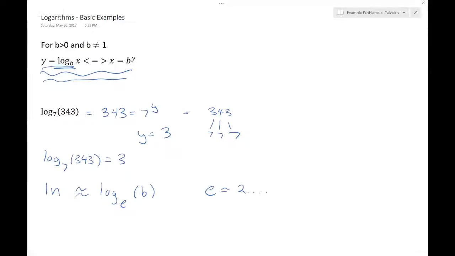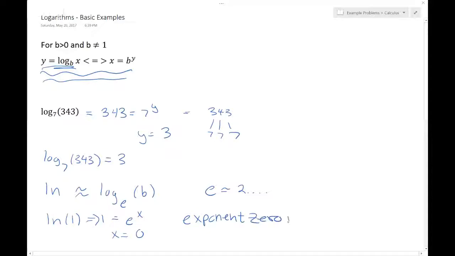And so carrying on with this example, just like with any other exponent or logarithmic function, ln of 1 is going to end up being equal to 0, since it can be arranged as e to the x equals 1, where you end up solving for x with x being equal to 0 from the exponential zero rule, where b raised to the 0 is equal to 1.